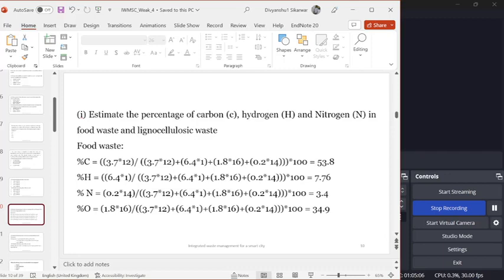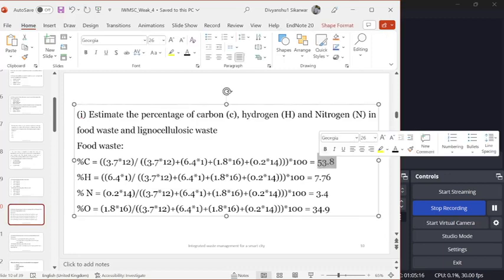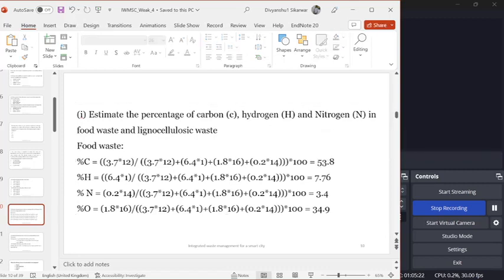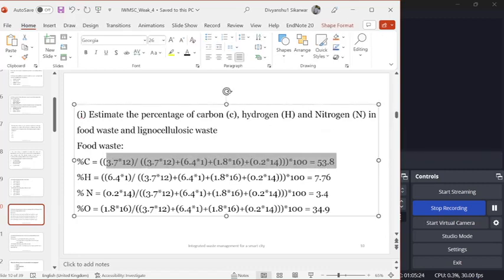So this represents carbon, this is for hydrogen, 16 into 1.8 is for oxygen, and 14 into 0.2 for nitrogen. It gives us 53.8, which represents the percentage of carbon present in the food waste.